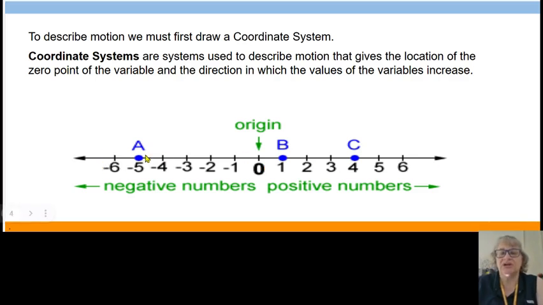It's basically just a number line. It's in the x axis, x plane. Our origin is the 0, right? And if we move, we can move in the negative direction or backwards, or we could move forward, right? In the positive direction.